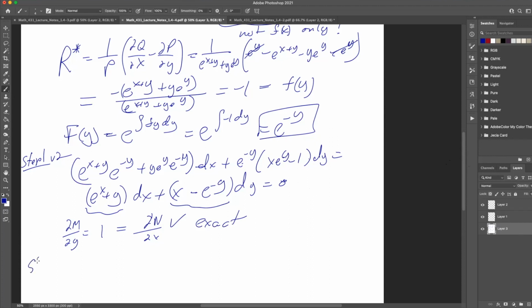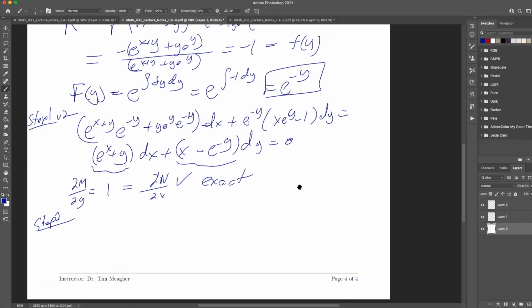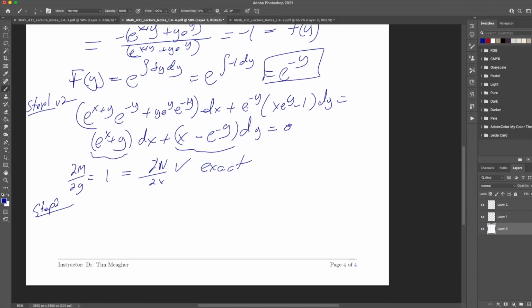So now we can do step 2. I really didn't leave myself much room, did I? That's fine, let me cut this off so I have room. All right, so here it'll be u of the integral of e to the x plus y dx plus some function of y.